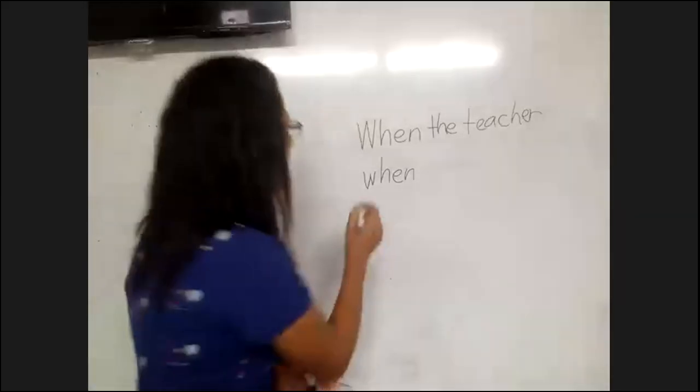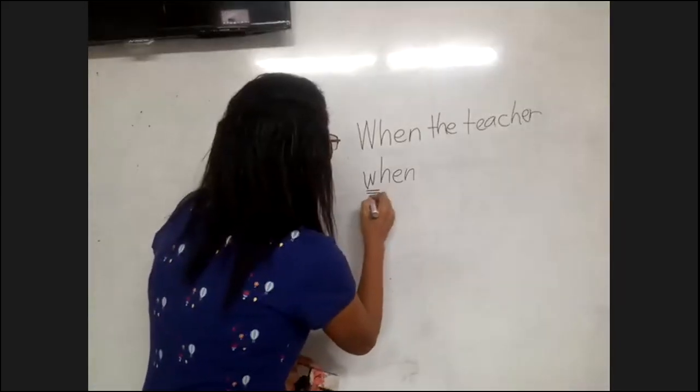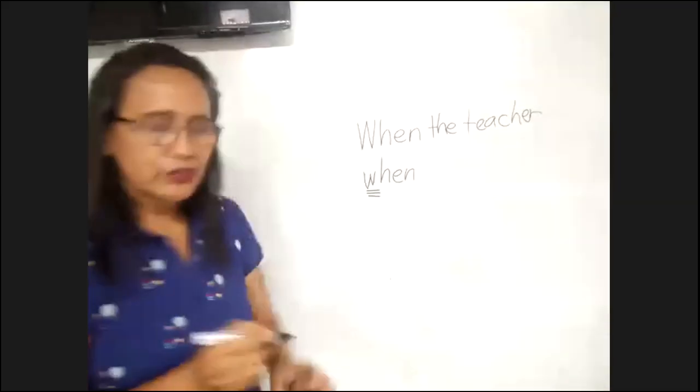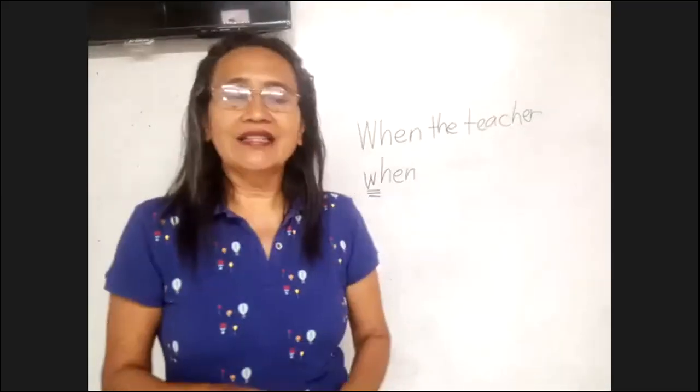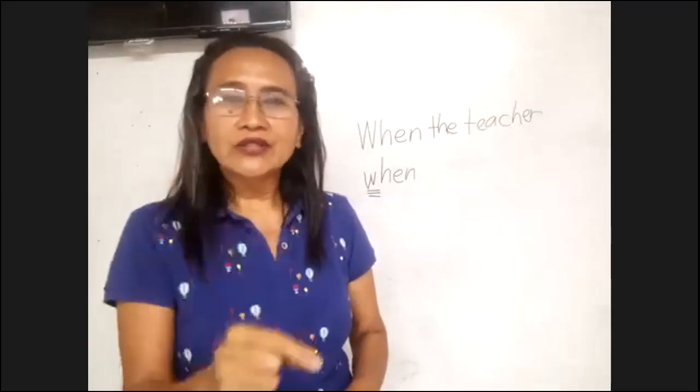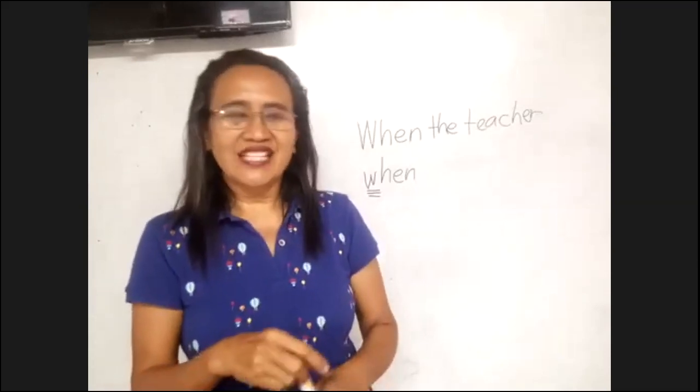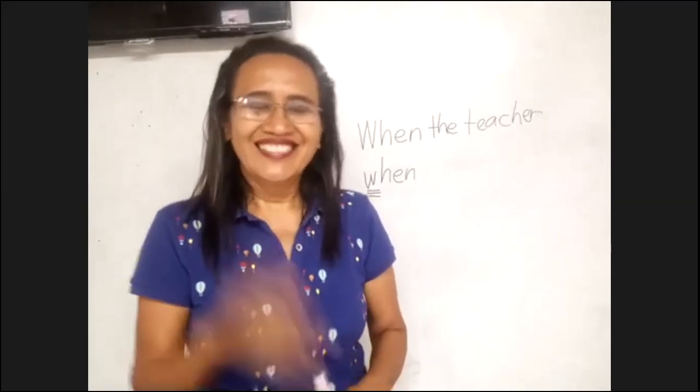The proofreader will put 3 lines under the letter W. That means that you are going to capitalize the letter W. Okay. Next. Okay, let's go to the next.